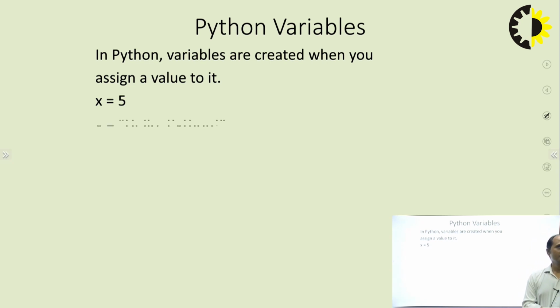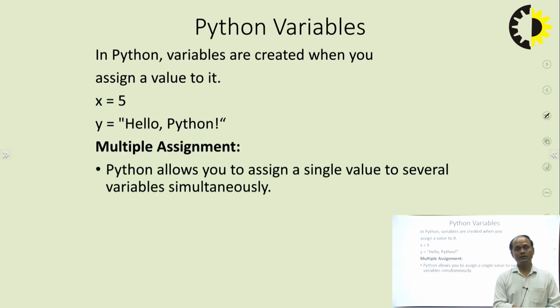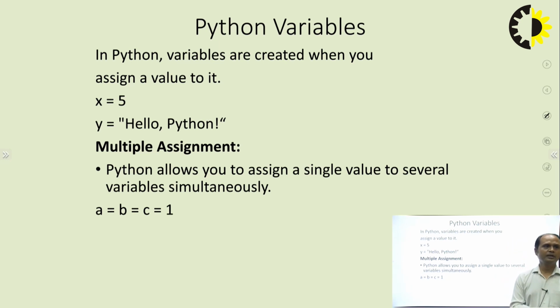Suppose we have assigned some values, x is equal to 5 and y is equal to "hello Python", and multiple assignments are also allowed in Python. In C programming, we cannot use multiple assignment like this, but in Python variables we can use multiple assignment also.